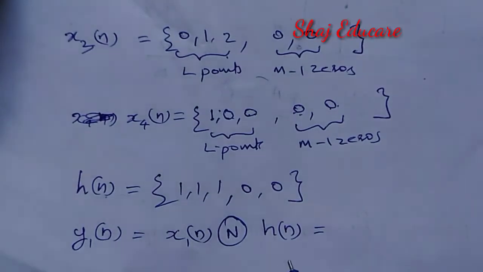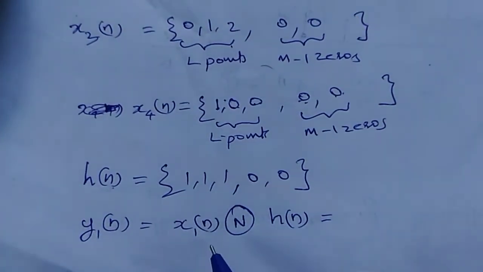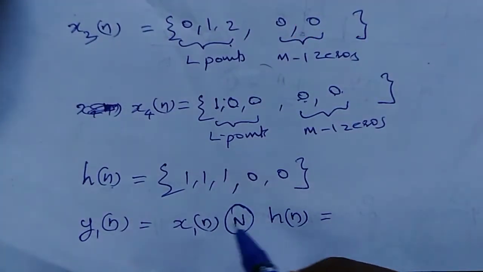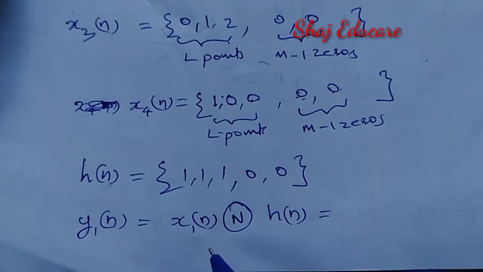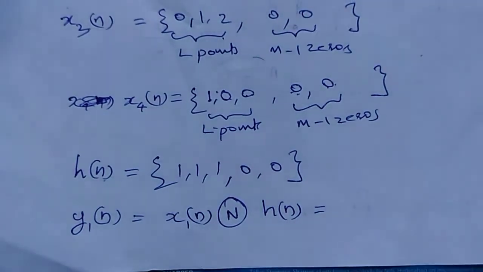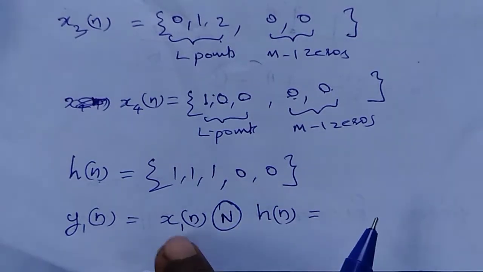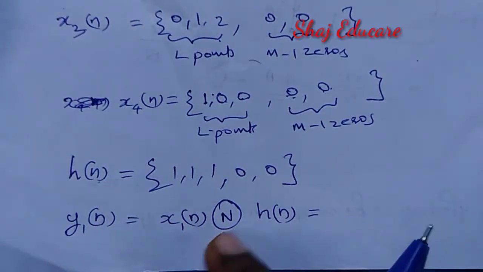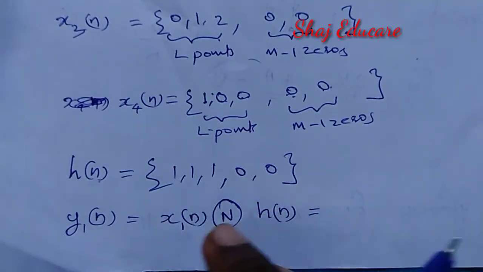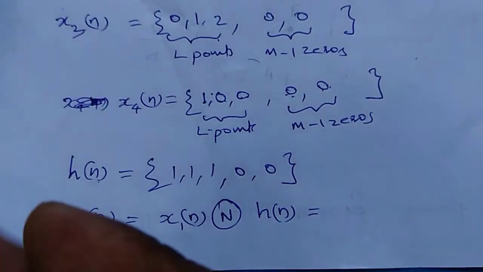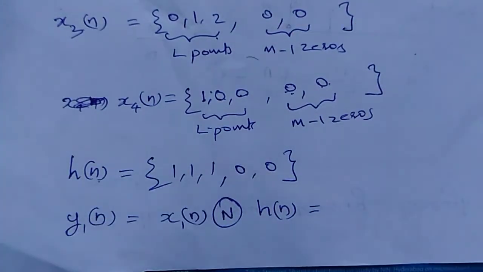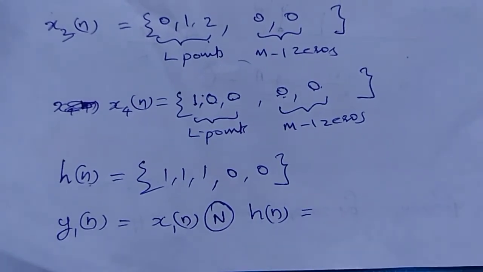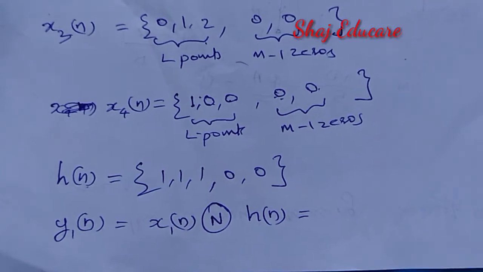I'm not showing the detailed steps of performing this circular convolution. I have mentioned them in my previous videos. We can find the circular convolution between these two discrete signals either using the concentric circle method or using the matrix multiplication method, whichever you choose depending upon your convenience.